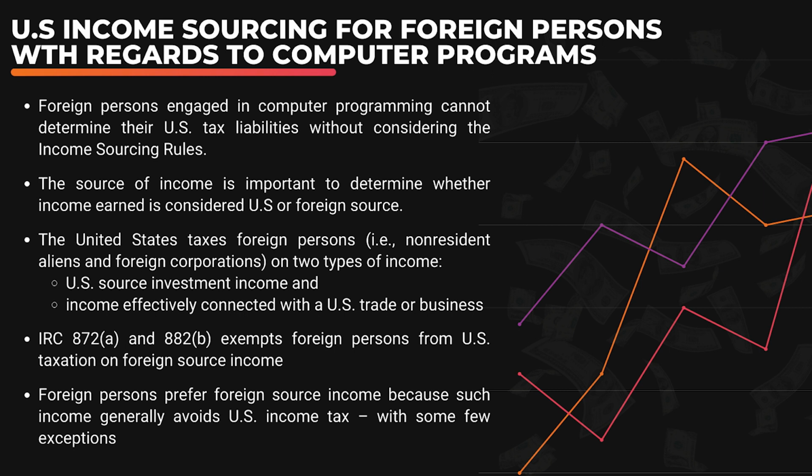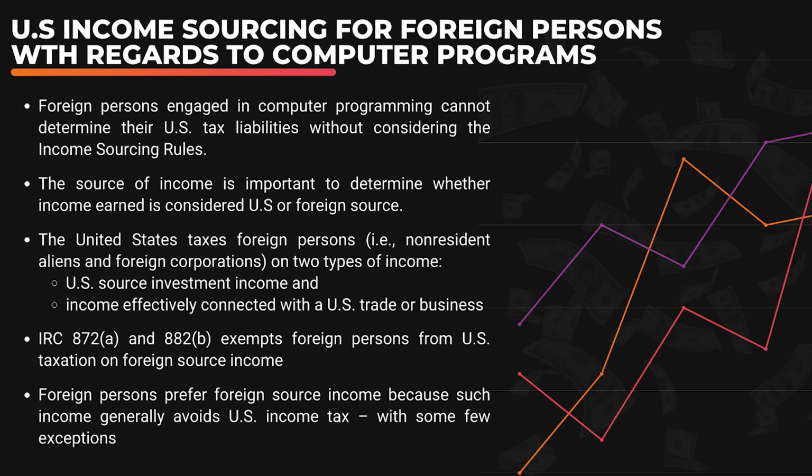So what we're trying to say here is, if you are a foreign person and you earn foreign income, it generally avoids U.S. taxes. You don't have to pay taxes on it. But there are a few exceptions where foreign source income could be seen as effectively connected income with U.S. trade or business. But that is beyond the scope of this video.